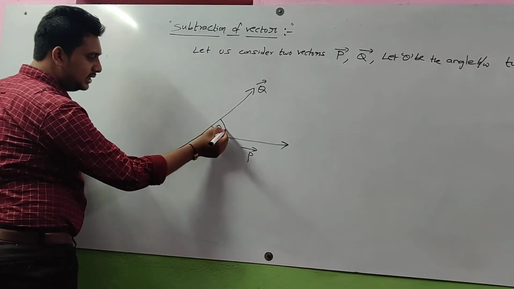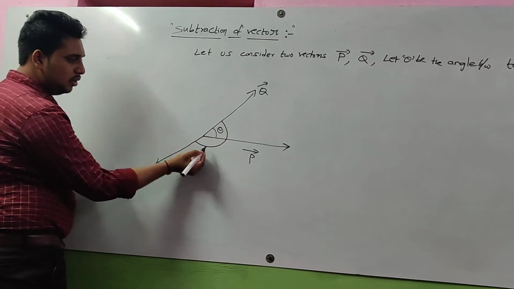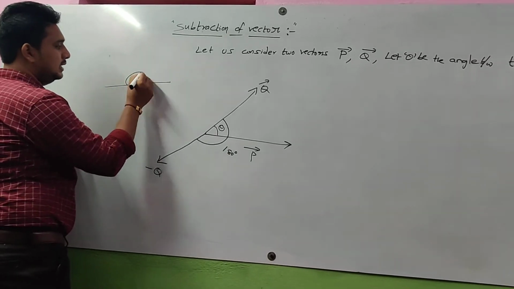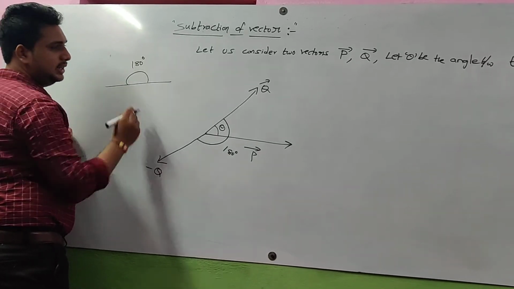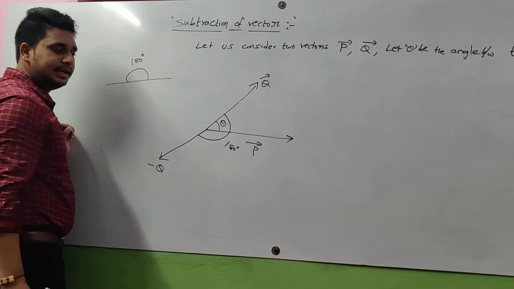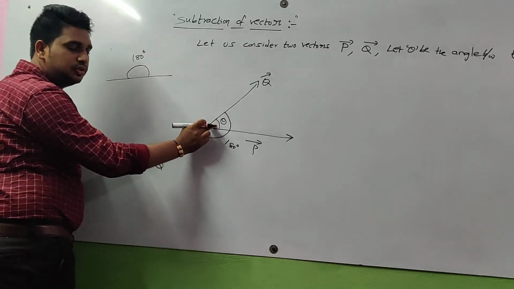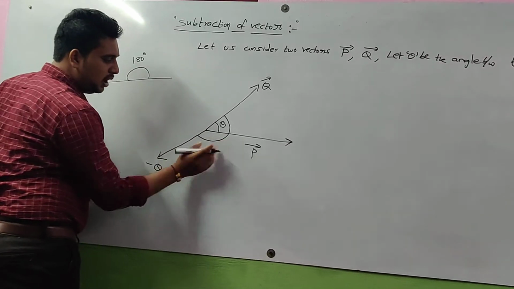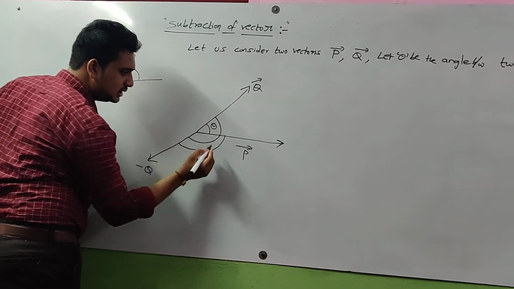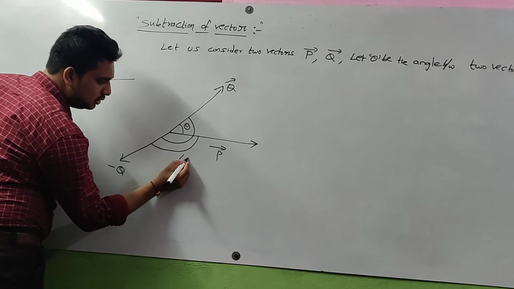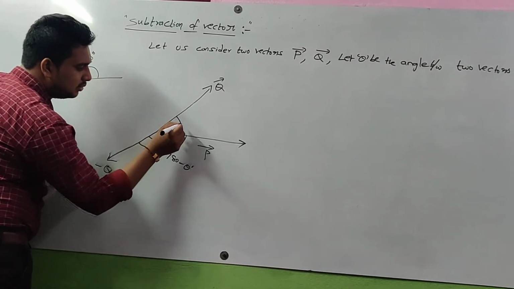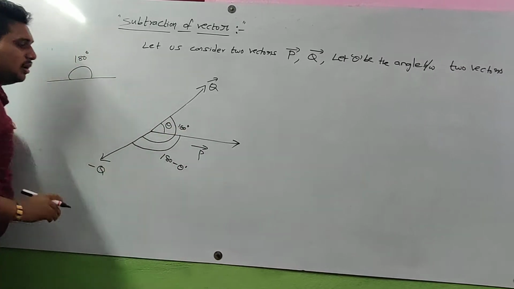We know already this total angle is equal to 180 degrees. This angle is equal to theta degrees. Then what about this angle? This angle is equal to 180 minus theta degrees. So observe carefully.